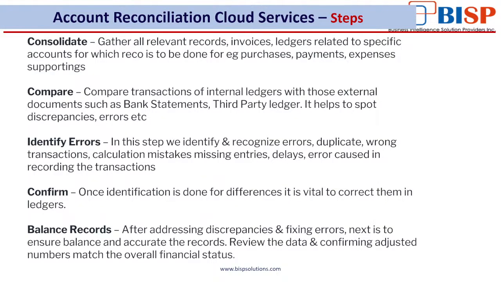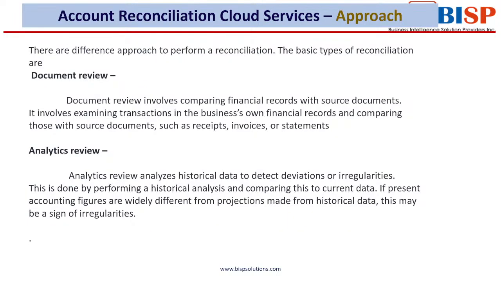And similarly, the purpose behind explaining all this activity here is to inform you that all this activity, that is the document review or the analytical review, is done by the ARCS. All this activity, the preliminary review or the analytical review, is facilitated by the ARCS tools.